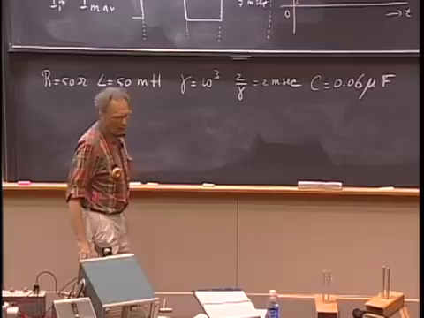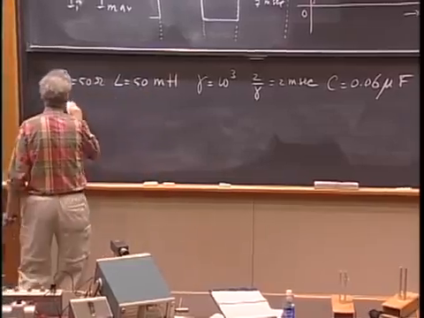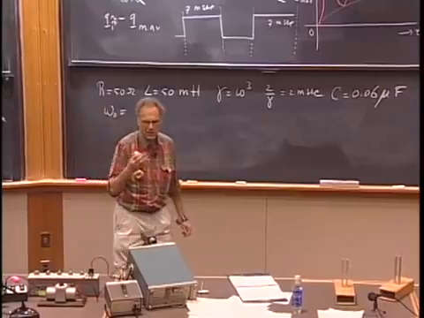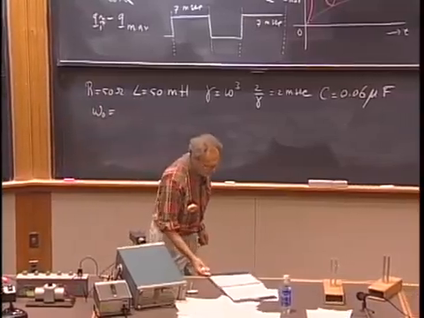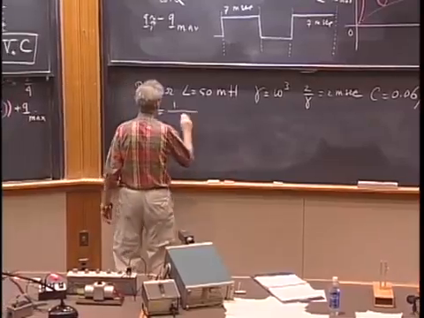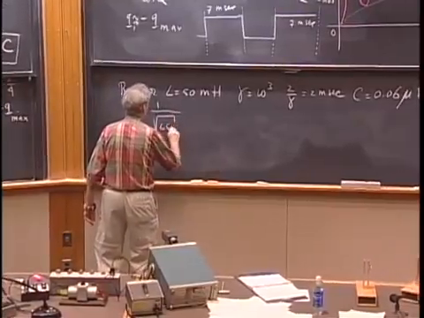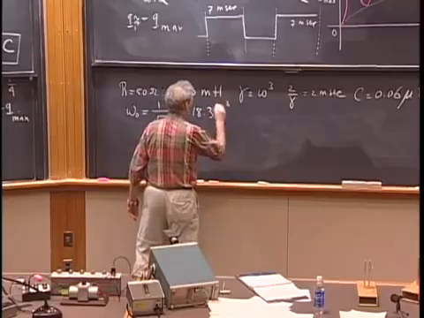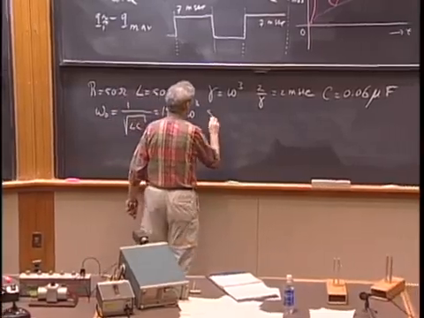So that would give you an omega 0 if you're interested in omega 0. I never have a good feeling for omegas. I like frequencies, hertz, much better, but if you're interested in omega 0, which is 1 over the square root of LC, that would be 18.3 times 10 to the thirds, and that is radians per second.